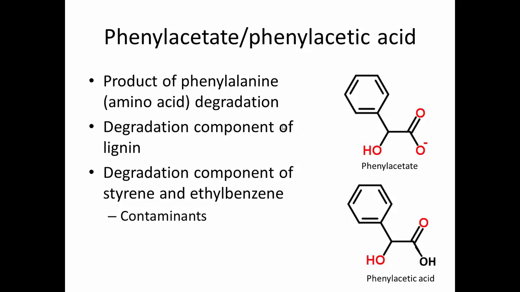So you may have heard a lot in recent years about using things like lignocellulosic biomass, which is essentially dead plant matter that comes from, say, corn cobs or leaves and grass and things like that, that can be degraded, hopefully to carbon sources to feed bacteria to make certain bioproducts, things like biofuels, bioplastics, and things of that nature. Phenylacetate is also a degradation component of styrene and ethylbenzene. Both styrene and ethylbenzene are environmental contaminants.